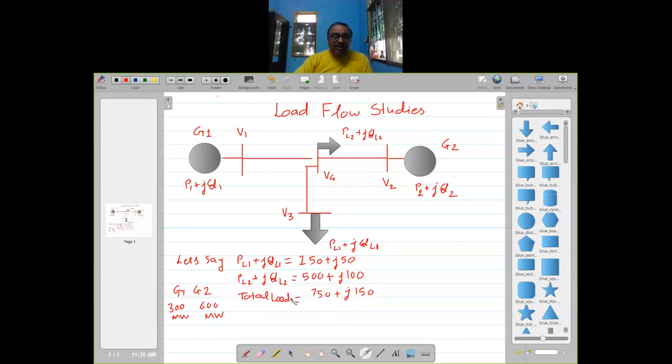And I am saying that instead of 300, I have the generation here as 150 megawatt. So what is the total generation? 600 plus 150 megawatt, which is equal to 750 megawatt in total.